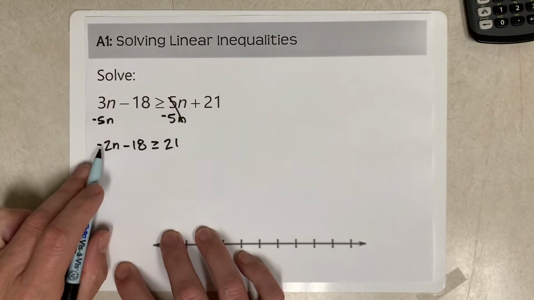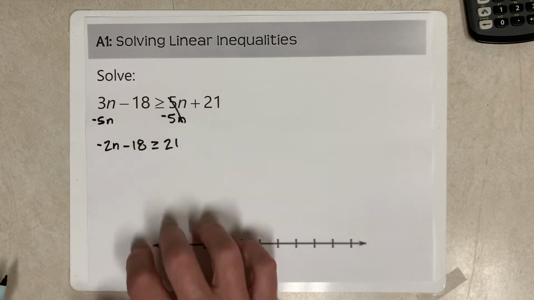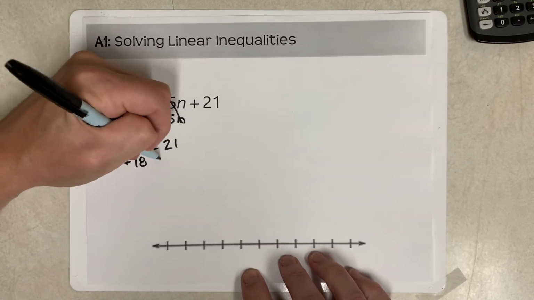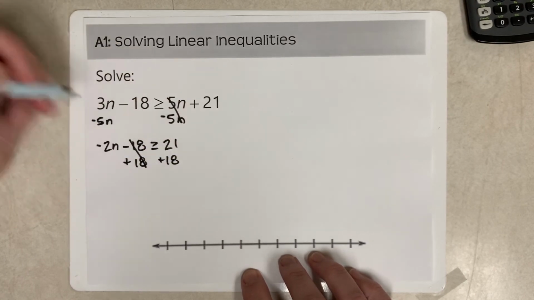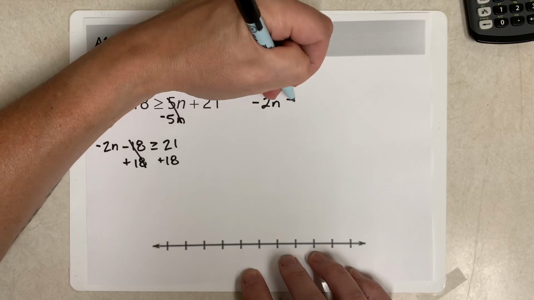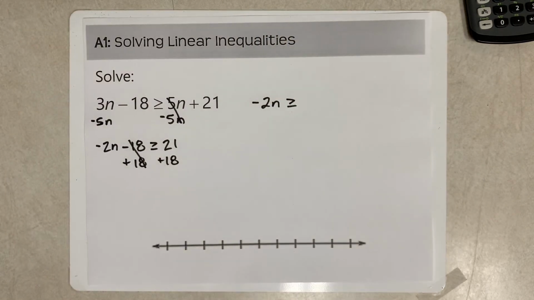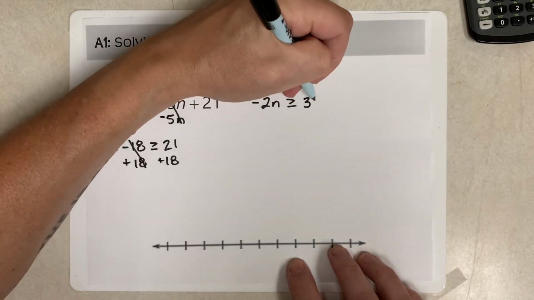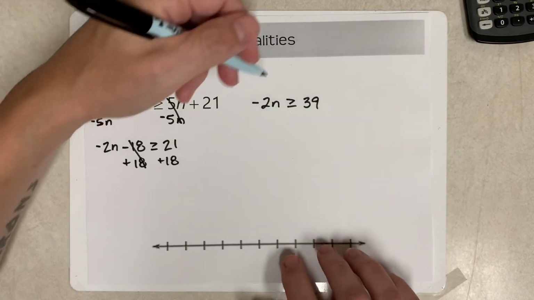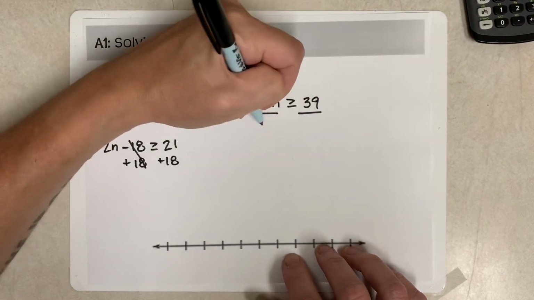And I do have a negative in front of the n, so I'm eventually going to have to probably flip that symbol. So I'm going to add 18 to both sides. I got now negative 2n greater than or equal to, and then 21 plus 18 would be 39. So now I'm at negative 2n greater than or equal to 39. So I'm going to divide by negative 2.